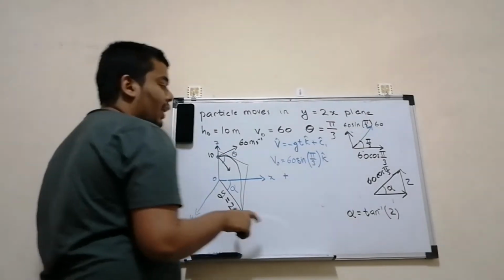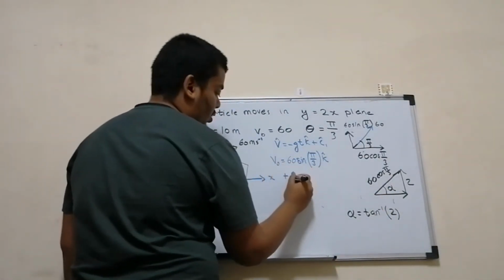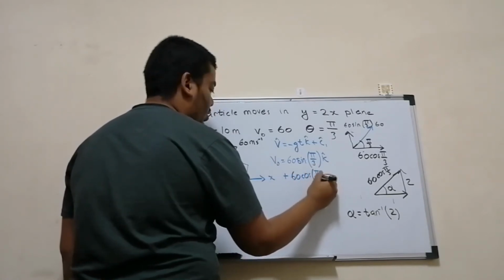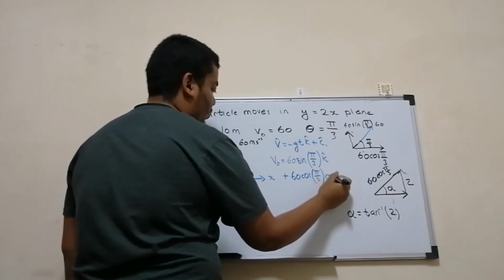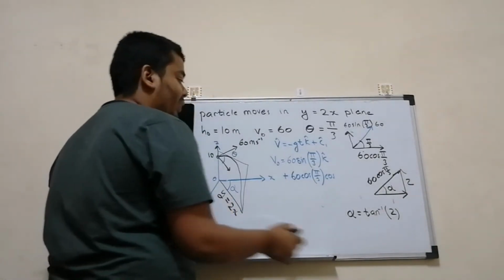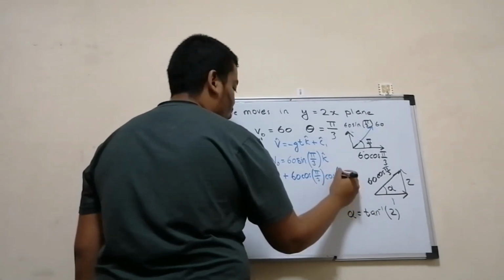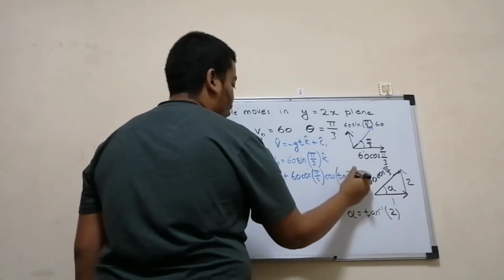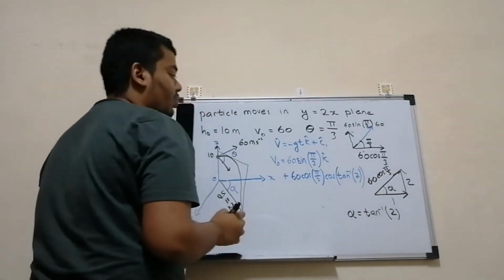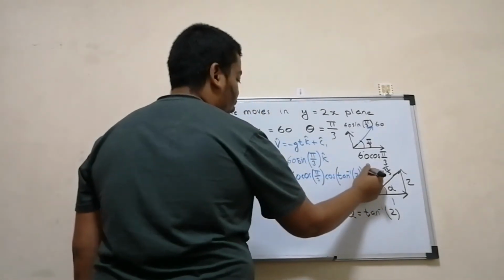So the I component is 60 cos pi upon 3 times cos alpha, and alpha can be found by taking x is equal to 1, y is equal to 2, and using trigonometry, alpha is tan inverse of 2. So cos of tan inverse of 2 will be our I component.